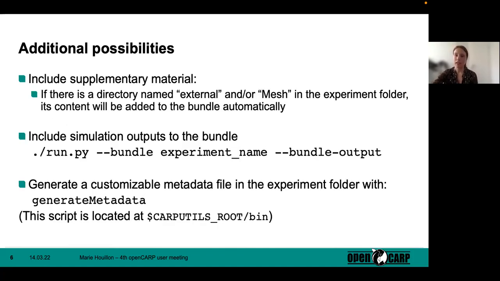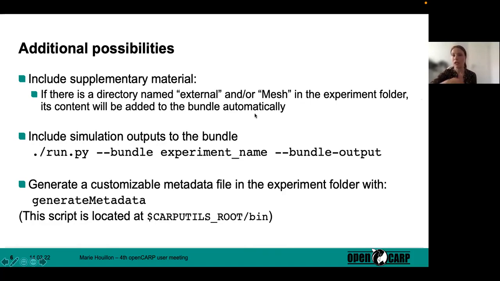This is the basic way to create a bundle, but you have additional possibilities. If you want, you can include supplementary material and files in the bundle. The best way to do this is that if there is a directory named external or mesh in the experiment directory, then its content will be added to the bundle automatically.